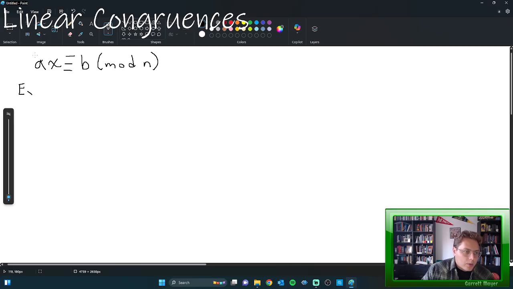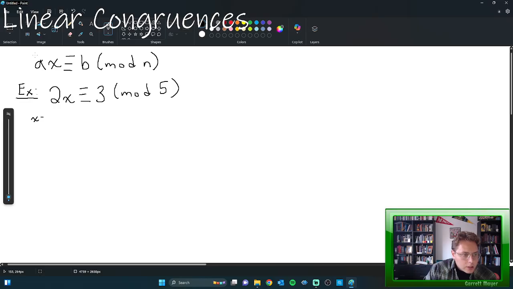So for our example, we're going to talk about the solution to this equation: 2x is congruent to 3 mod 5. Now we don't have a way of solving it yet, so we're going to start by just guessing and checking every single value in the canonical complete residue system mod 5.